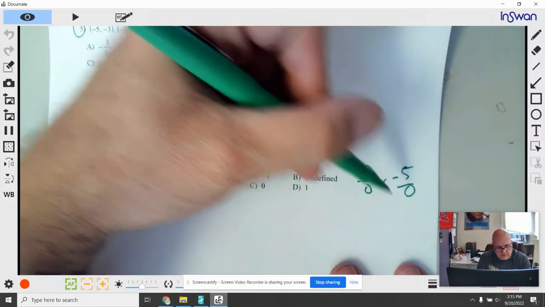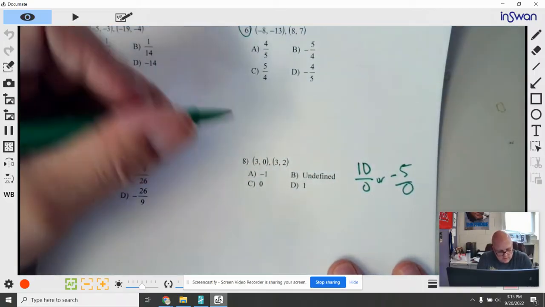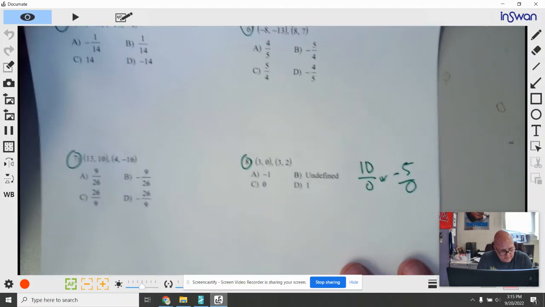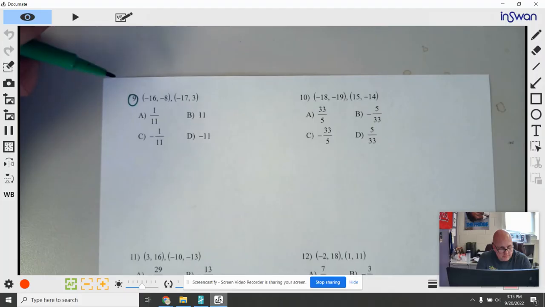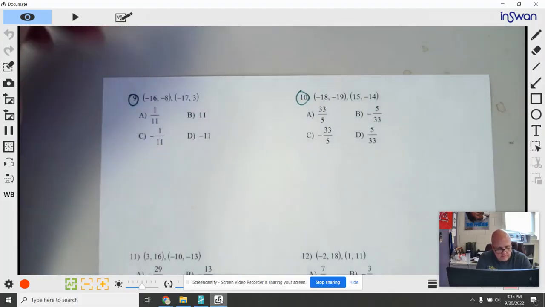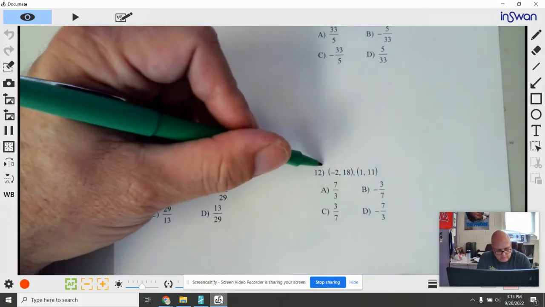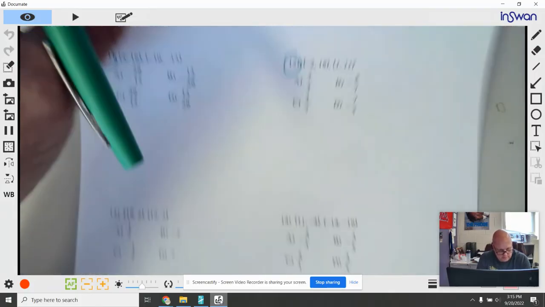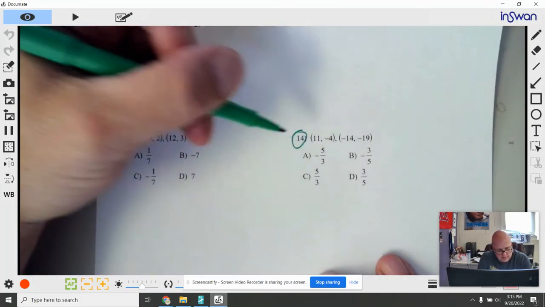Anything over 0 you can't do. That's an undefined slope. Okay, do number 8. Number 9. Number 10. 11. 12. 13. And 14.